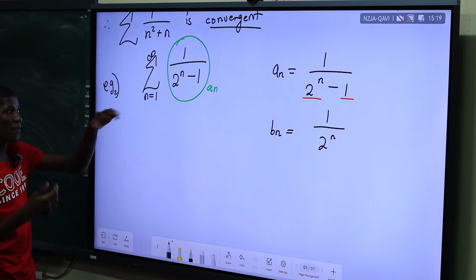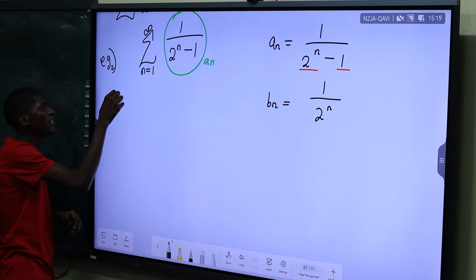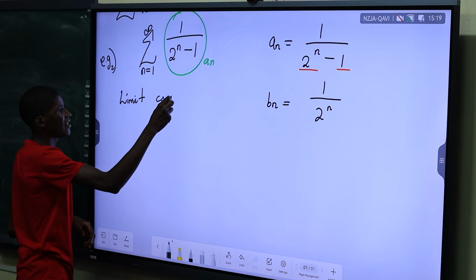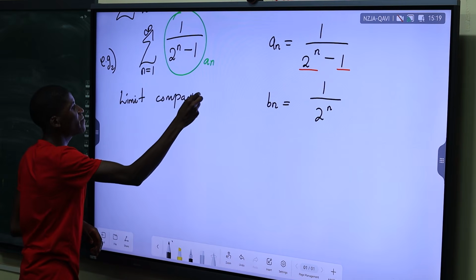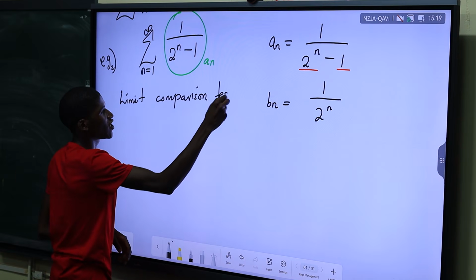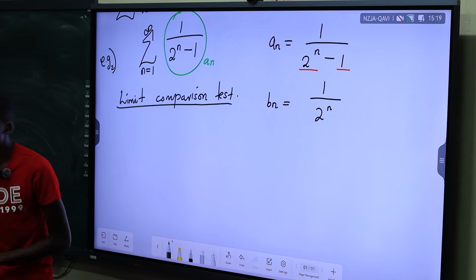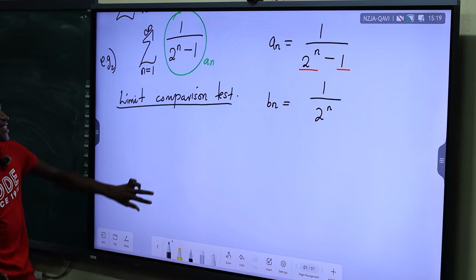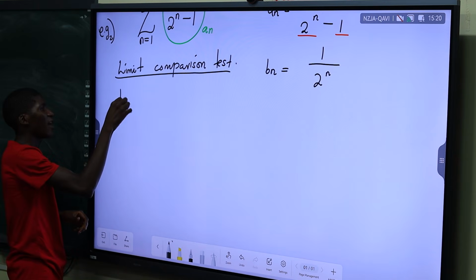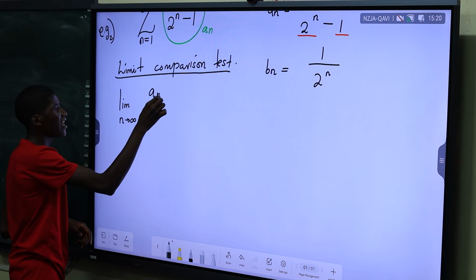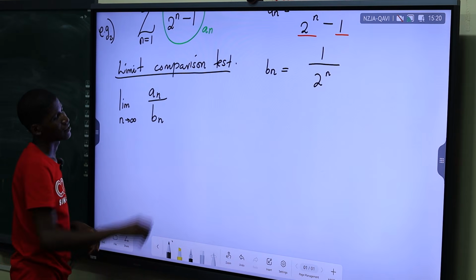You have to use another version of the comparison test, the limit comparison test. With the limit comparison test, you find the limit as n goes to infinity of the ratio of an over bn.